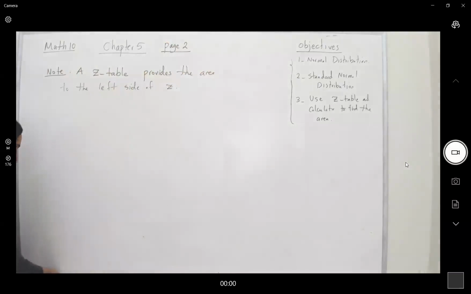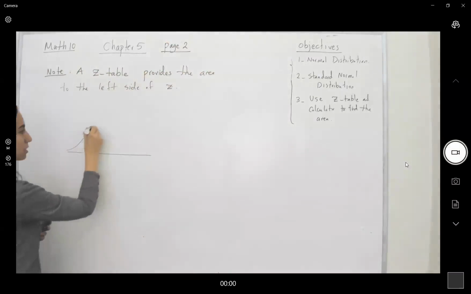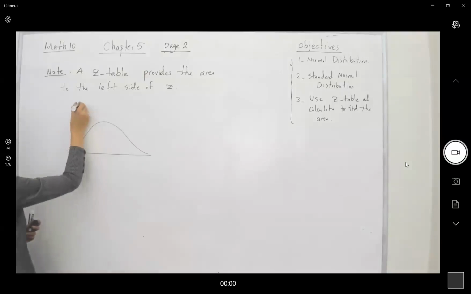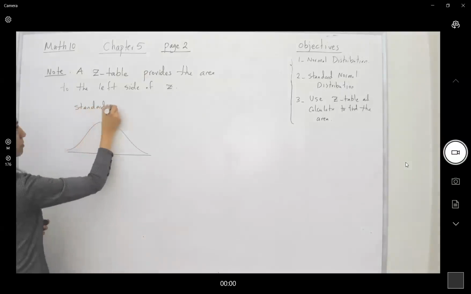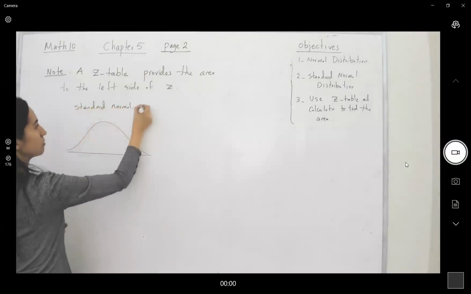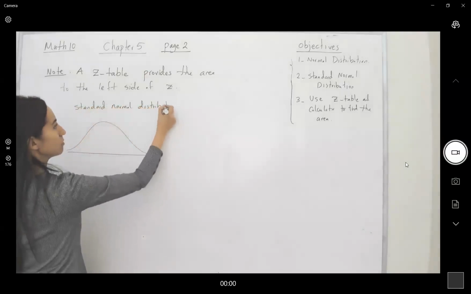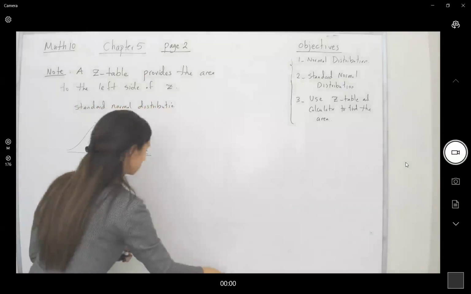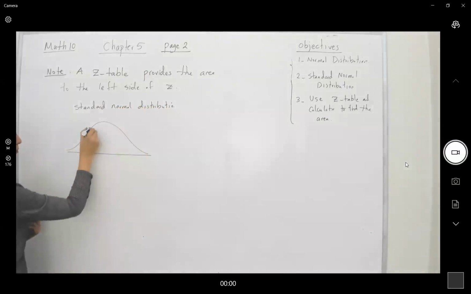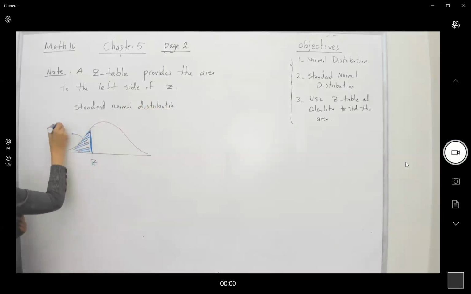Suppose you have a standard normal distribution, and this is the graph that you have. Well, suppose your Z is here. This is your Z. The area to the left-hand side of Z, and the area to the right-hand side of Z. Very well.